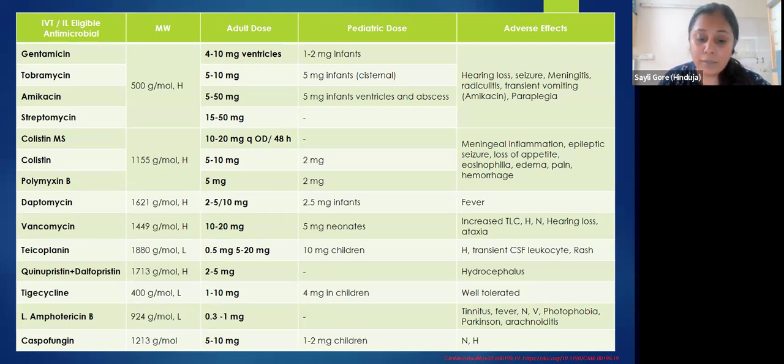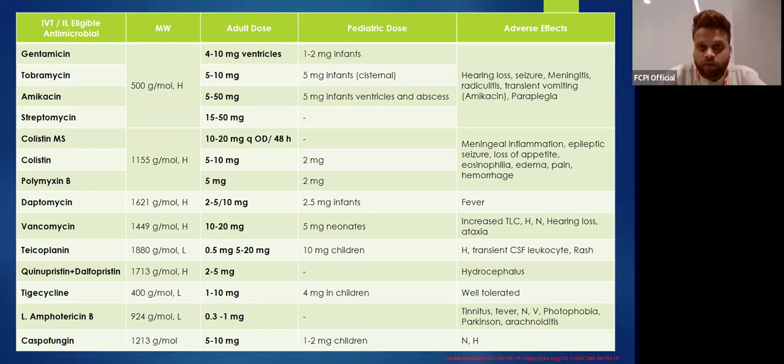But again, these also have high protein binding, so you need to give more doses of these drugs, so that the more the dose, it will suffice for the high protein binding. There will be more free drug available that will enter the brain through the inflamed meninges. Got my point?